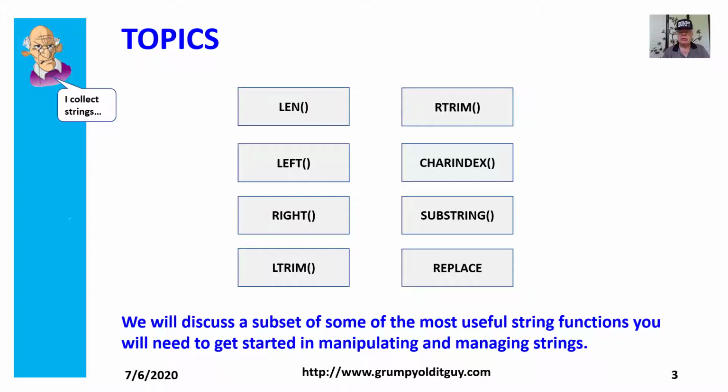Now we can find the position of a character within a string, that'll come in handy, and we can pull a subset of the string. And we can also replace a set of strings with a string. Now these are just a few of the many string manipulation functions you'll need in your day-to-day programming and data manipulation activities. In my full course, I'll be covering more of these and give a lot of interesting demos.